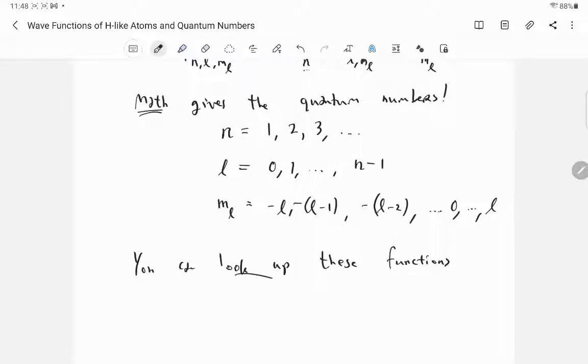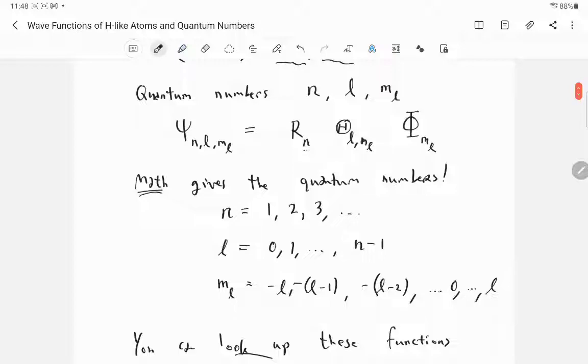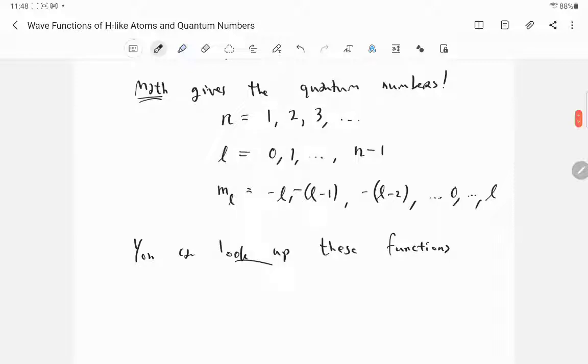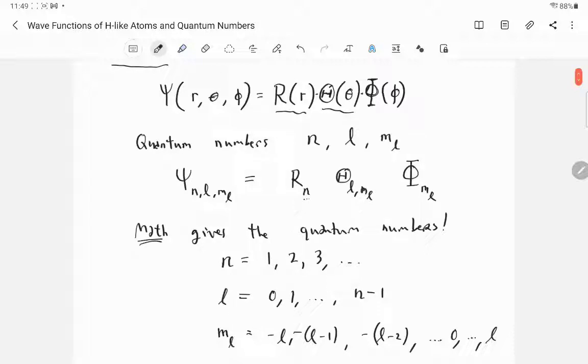The way that you look them up is, for example, if you want to know the theta function, you ask for it by asking for a particular combination of L and m sub L. You can look these up in tables, because mathematicians and physicists have basically written them all out, or written out the pattern.